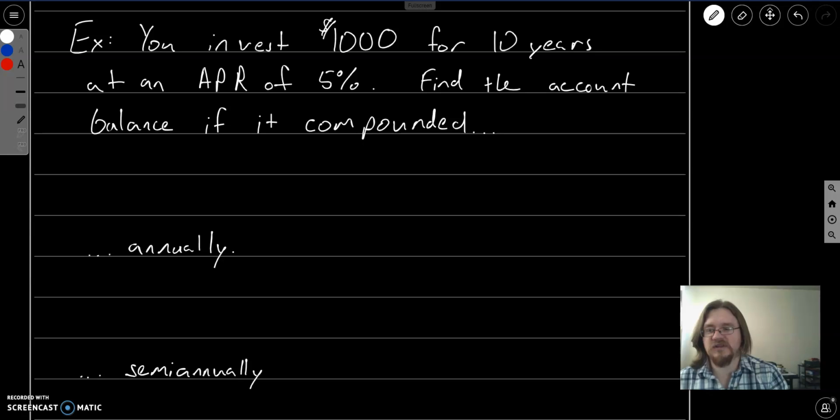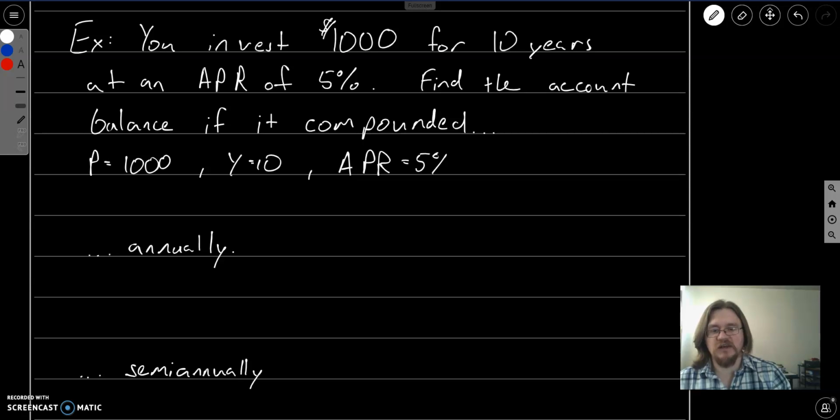So first and foremost, our initial principal, the amount that we're investing, is $1,000. We're investing it for 10 years, and our annual percentage rate is 5%, but we want this as a decimal. We want this as an actual number, not as a percentage. So I'll take 5 and divide it by 100 to get 0.05.